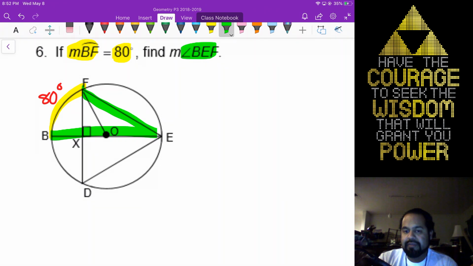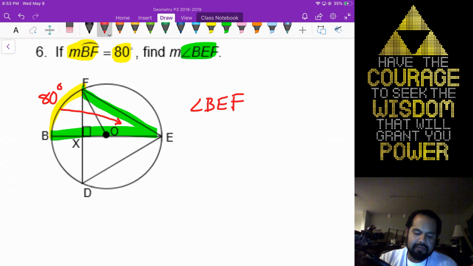You can do SOHCAHTOA, but the problem, Cameron, with that is if you have a calculator that doesn't spit out exact answers, it may not work out. But as long as you get the right answer, that's all that matters. So anyways, for the ice cream cone, we're finding the angle. So angle BEF is equal to 1/2 of the 80 degrees.